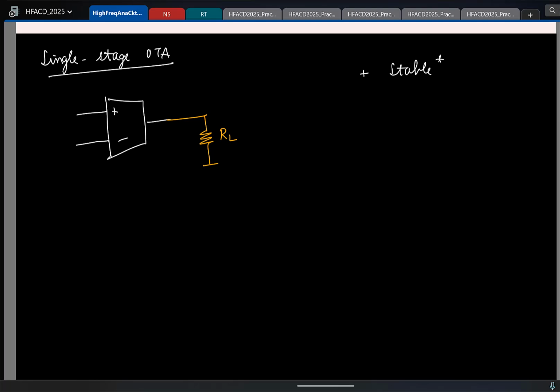And what have we been doing to increase the DC gain of the OTA? Increasing the output resistance. So you might have designed an extraordinary OTA with infinite output resistance. The moment you put an RL here, it's going to go for a toss. So this is a problem. So only for capacitive loads you can use it. So that is one minus side: not a great choice for resistive loads.